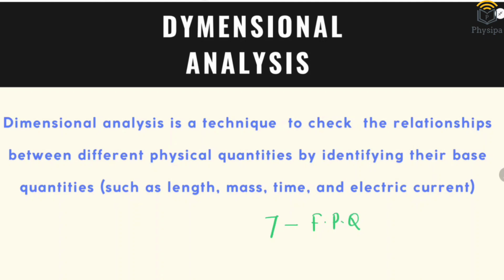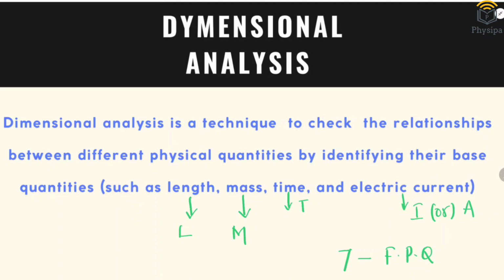These fundamental physical quantities are 7 dimensions of the physical world, in which length is represented by L, mass is represented by M, time is represented by T and electric current is represented by I or A. Thus, dimensional analysis is a technique to deduce relations among these interdependent physical quantities.